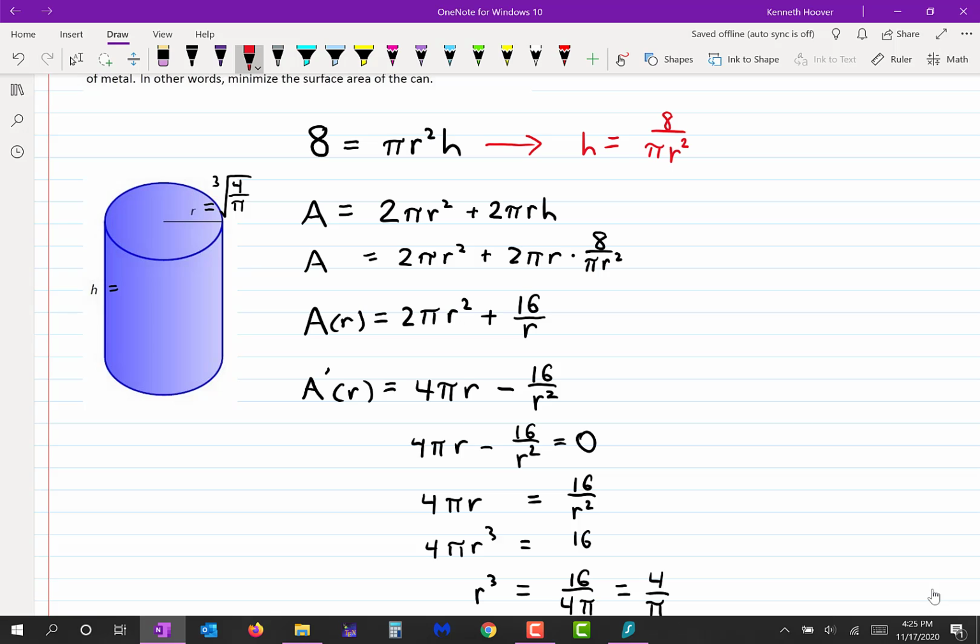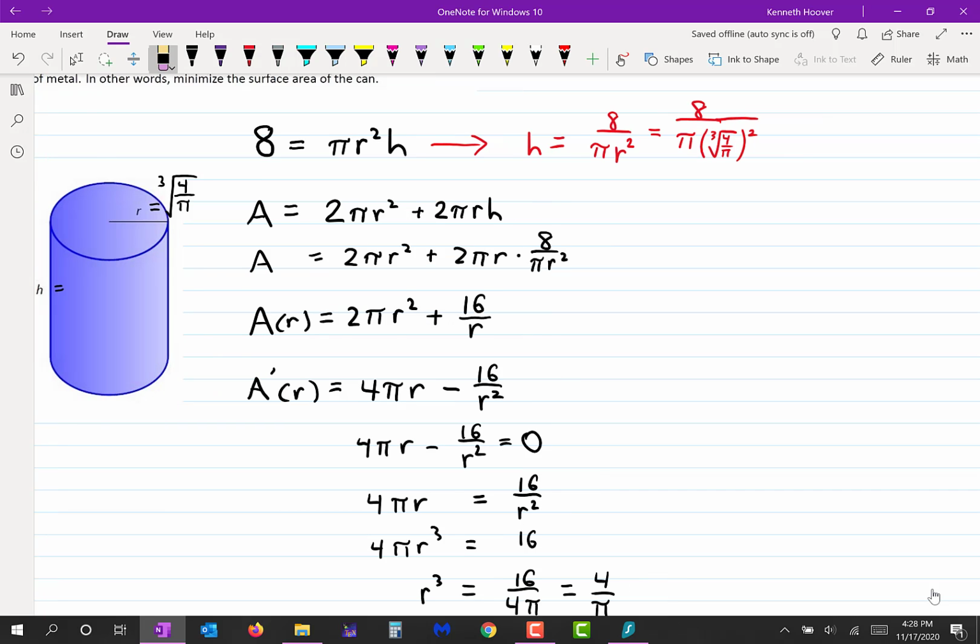And we just calculated r, so let's plug that in. 8 over pi times r squared. And so that's what the height of the can should be: 8 over pi times the cube root of 4 over pi squared.